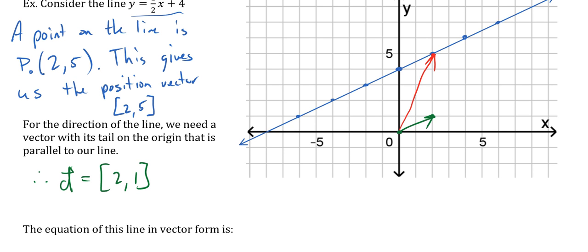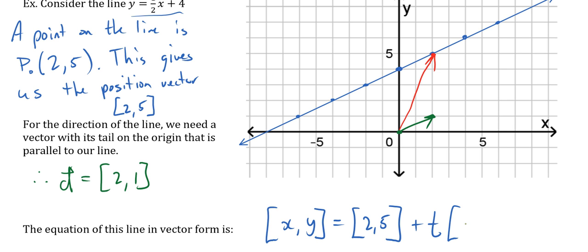And this gives us the equation (2, 5) plus t times (2, 1).